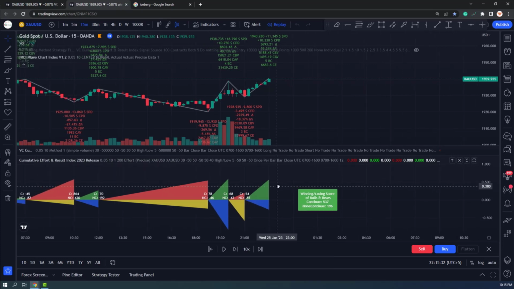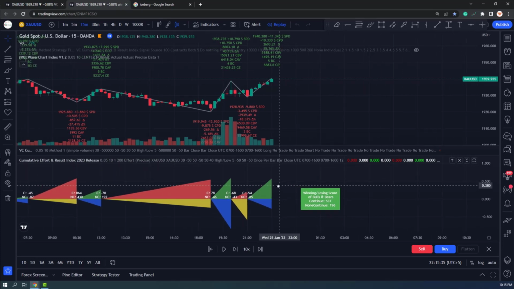So when we command the system to alert us on the real-time wave, meaning before the completion of this wave, this is called the real-time alerts.